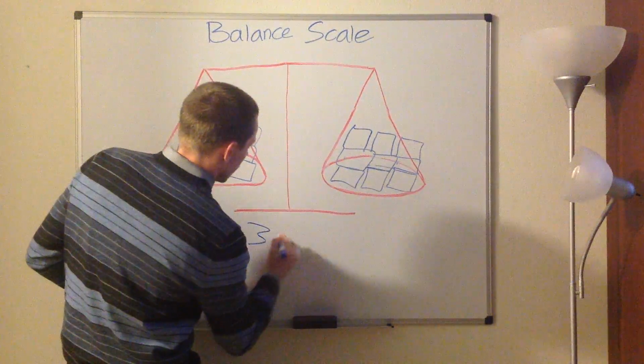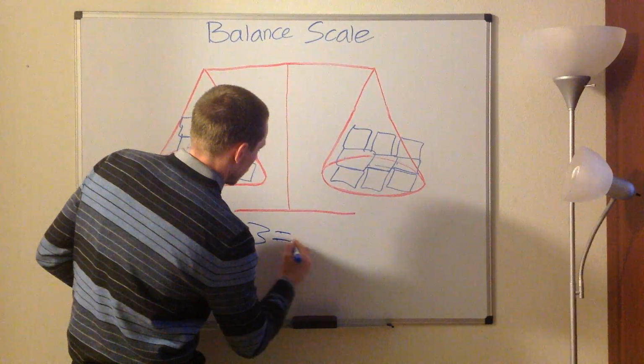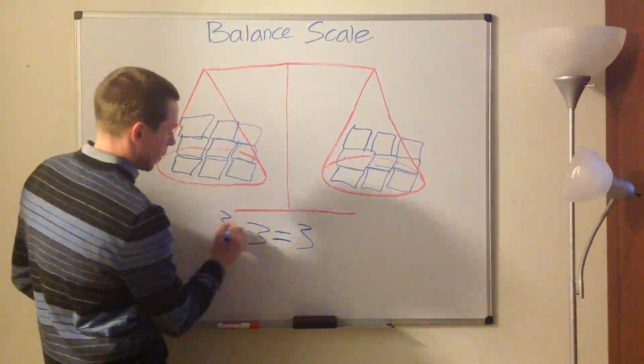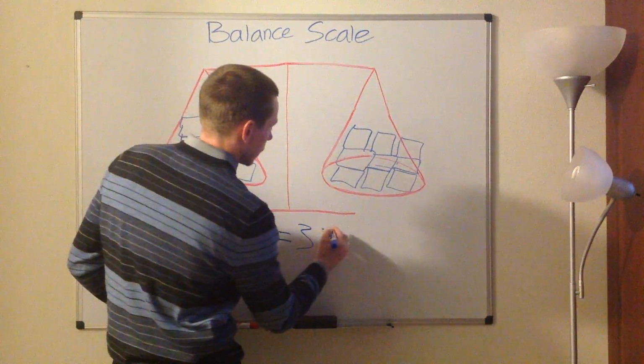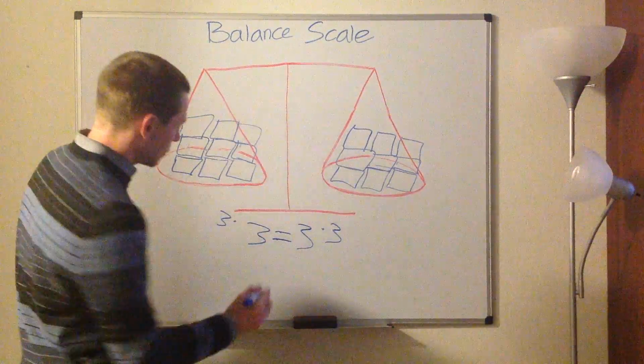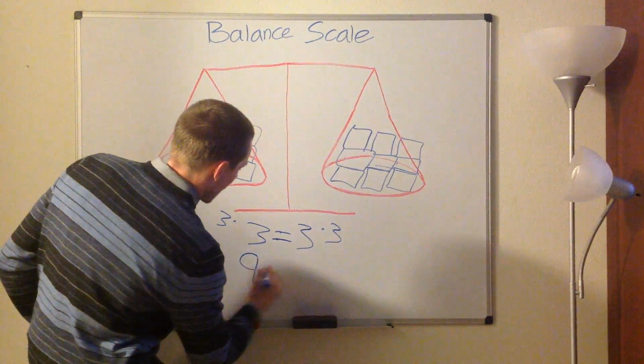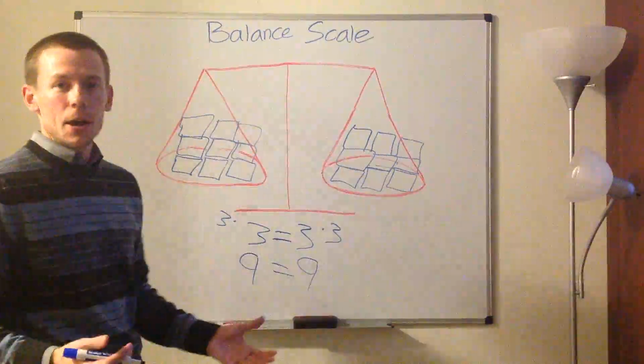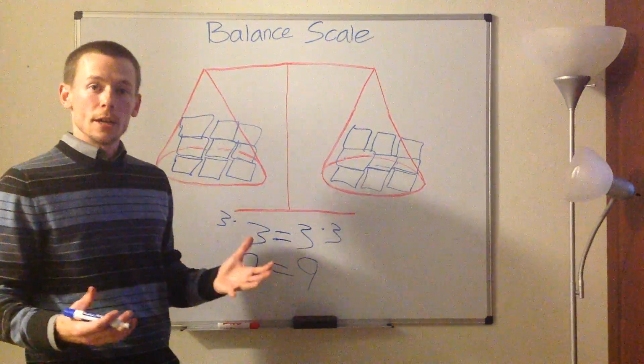So if I have 3 equals 3, and then let's say I multiply both sides by 3, I still have now an equation that's true.